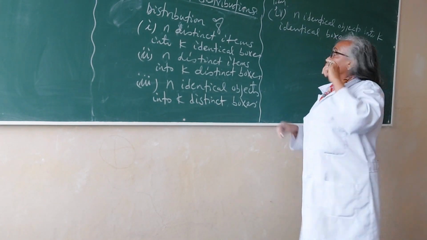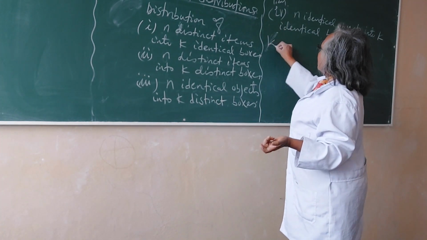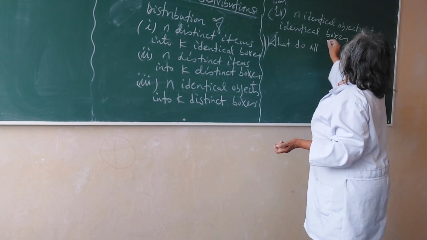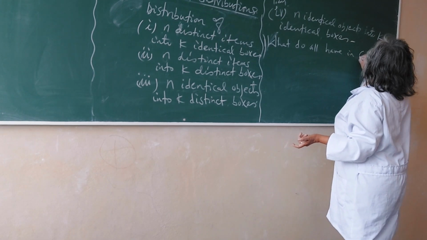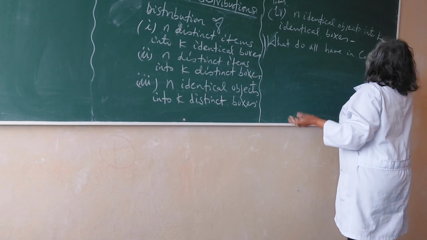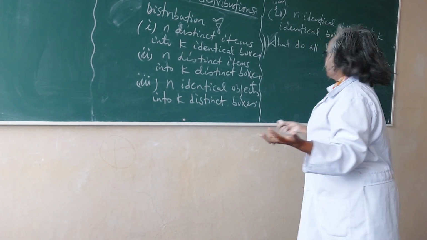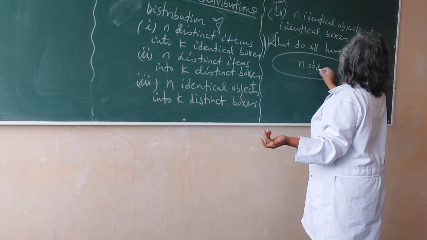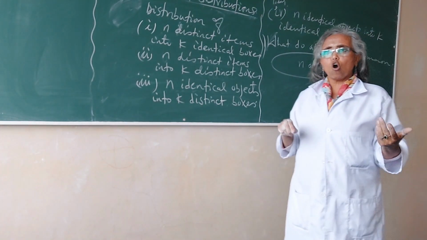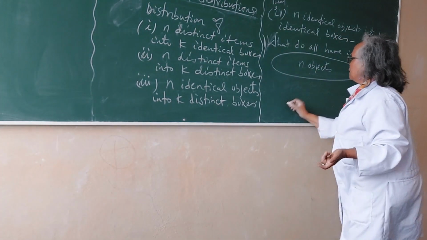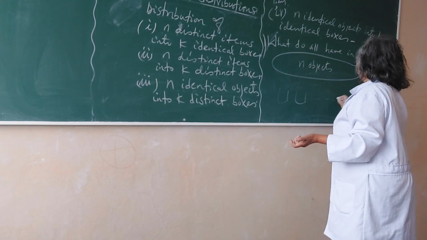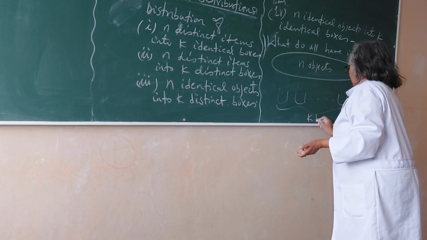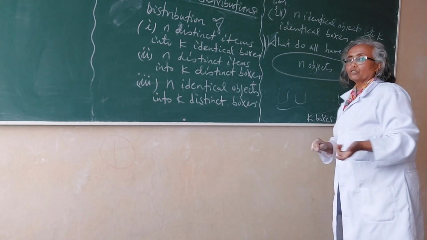Okay? Now, what do all this have in common? First question. What do all have in common? Okay? So, this is our approach. We have n objects here. Whether they are distinct or not, we do have k boxes to receive them. It doesn't matter whether they are distinct or not.